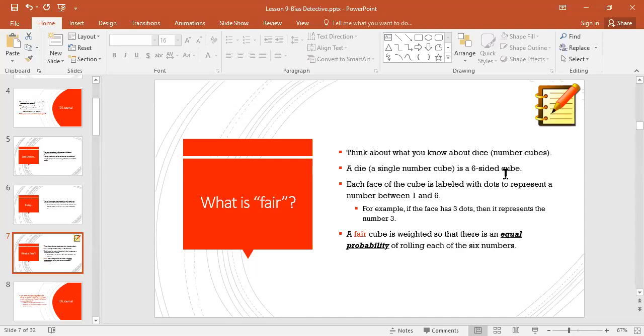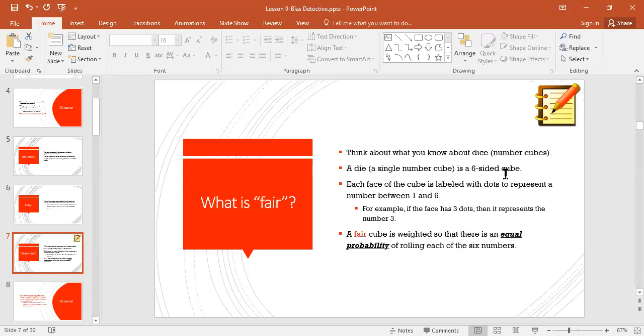Each face of the cube is labeled with dots to represent a number between 1 and 6. For example, if the face has 3 dots, then it represents the number 3. If it has 5 dots, it represents the number 5, and so on. A fair cube is one that is not altered in any way.